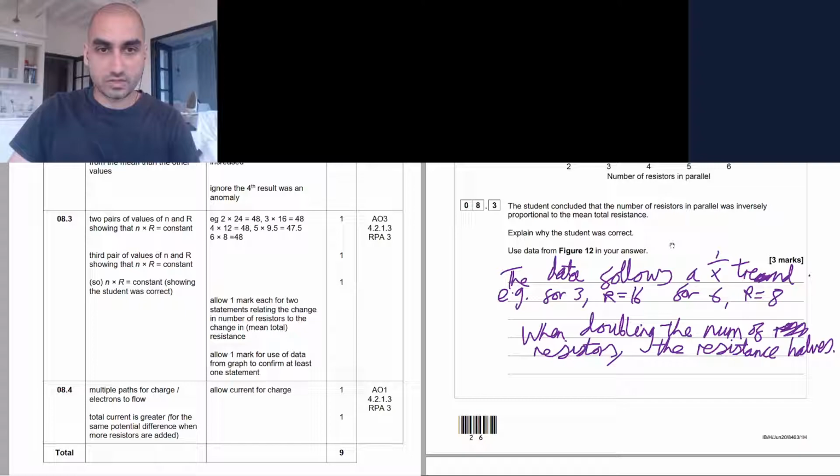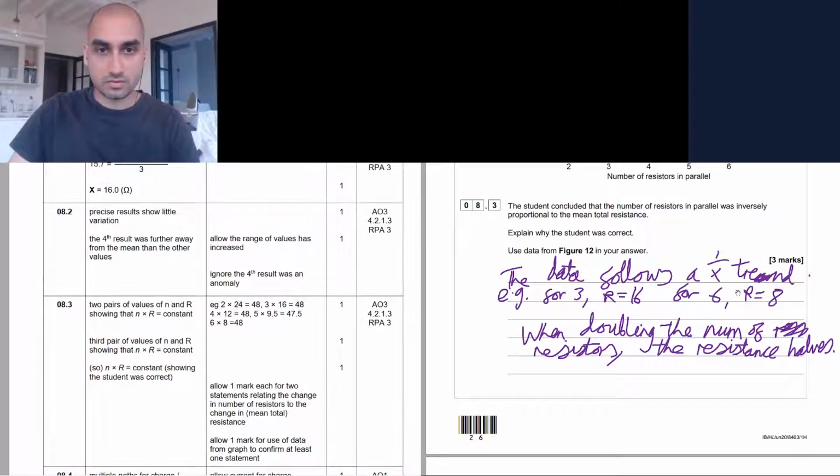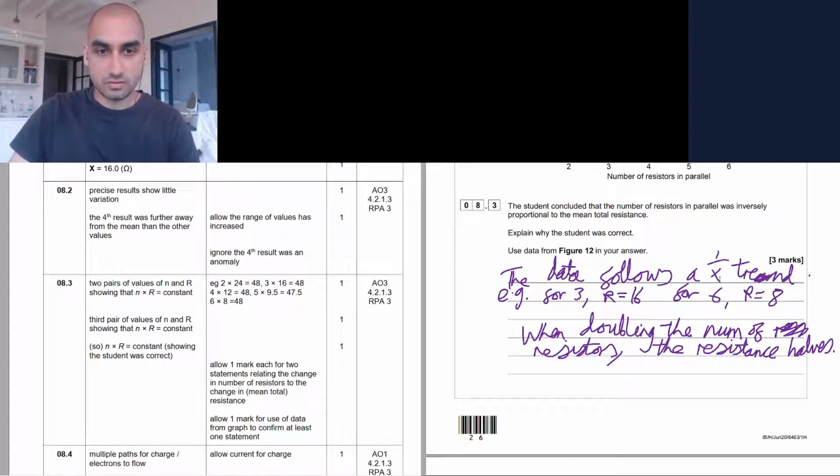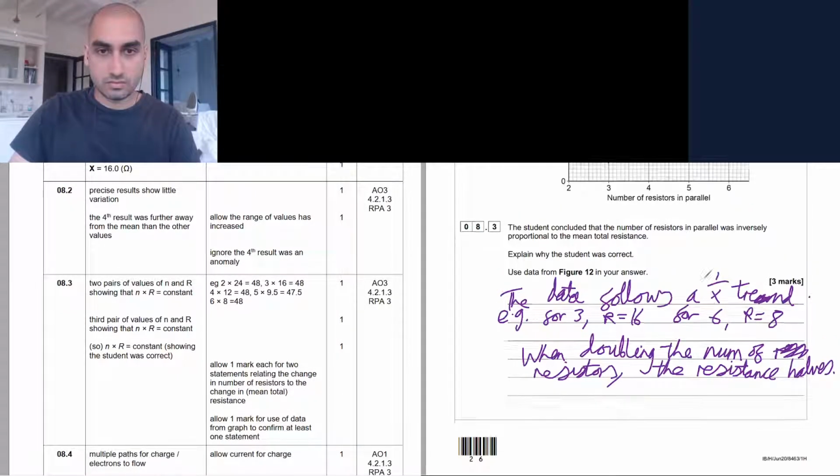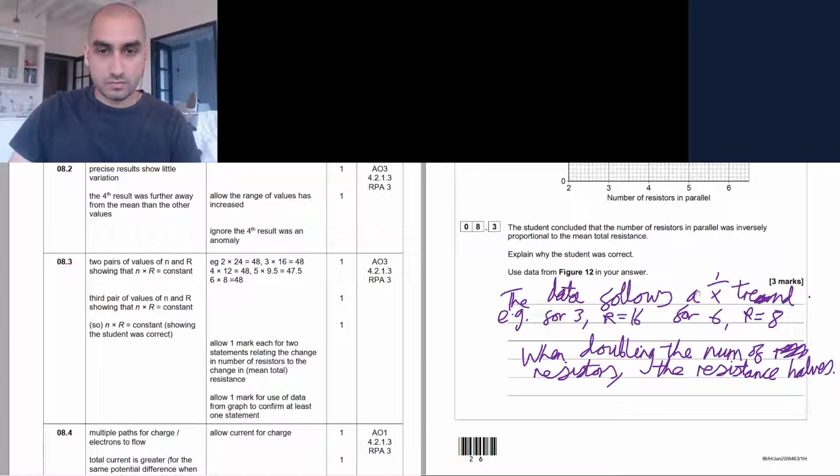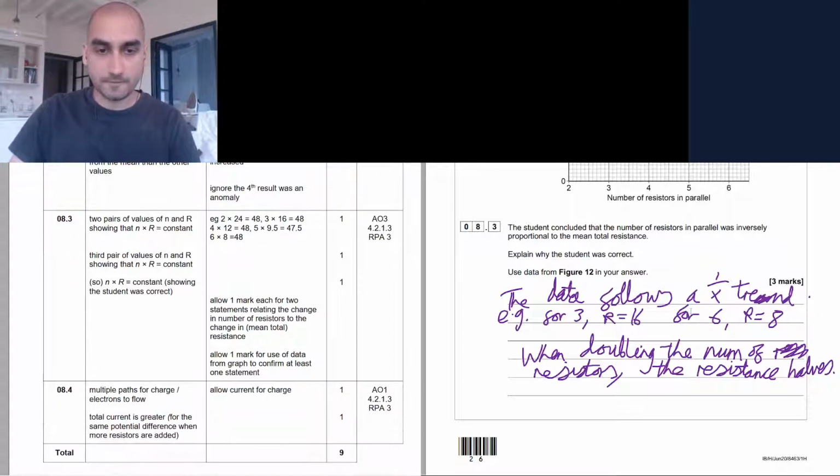Two pairs of values of n and r showing that. So I did 3 and 16. Okay, yeah, I did that. Third pair of values of n and r.